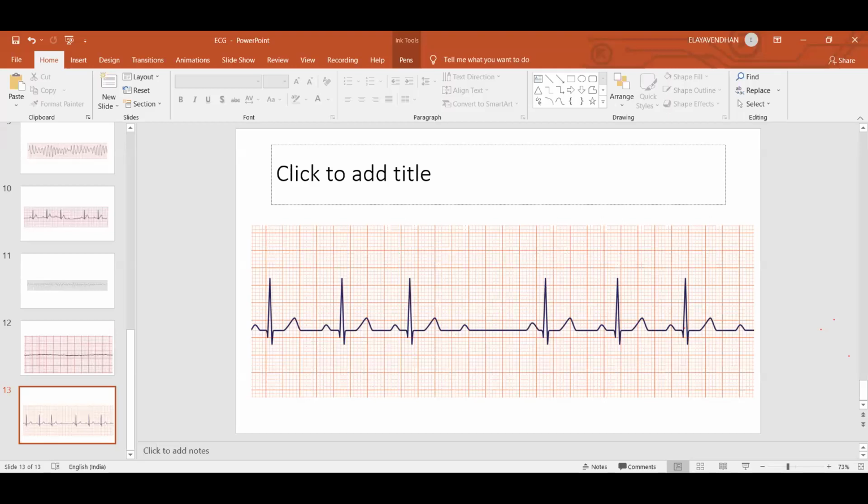I'll take that image. Hang on for a second. Okay, how does it feel? Is it easy to interpret like this? Yes, sir. I hope you can interpret it very easily.